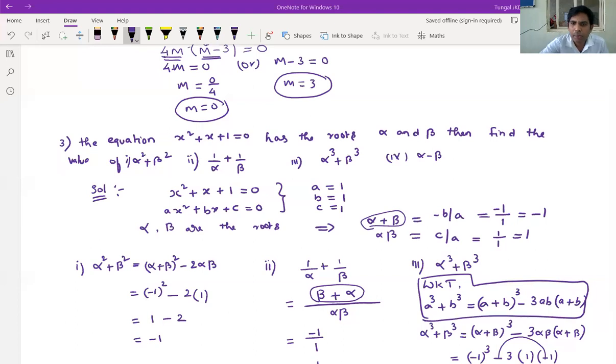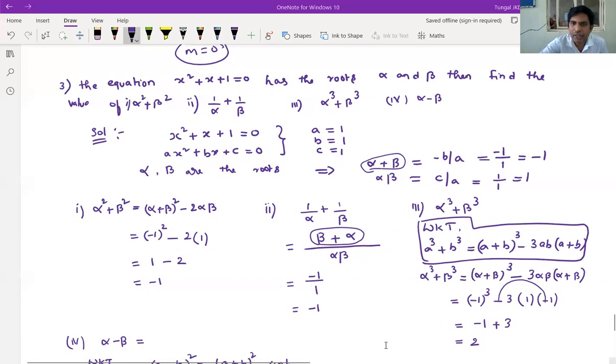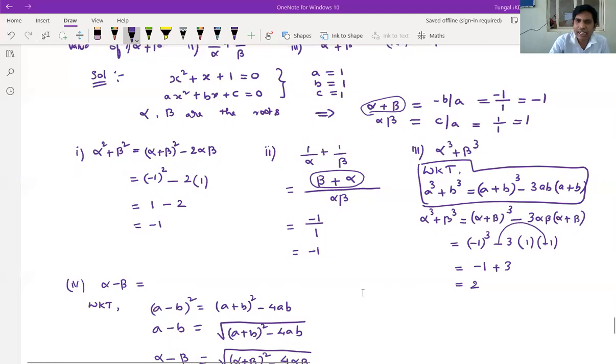Second question, observe. 1 by alpha plus 1 by beta. So the two fractions' LCM, how much will we get? Nothing but alpha beta. And if you take here the numerator, it means beta plus alpha. This is sum of the roots. This is product of the roots. Just replace and we'll get minus 1. Third one, alpha cube plus beta cube. It is in the form of a cube plus b cube.